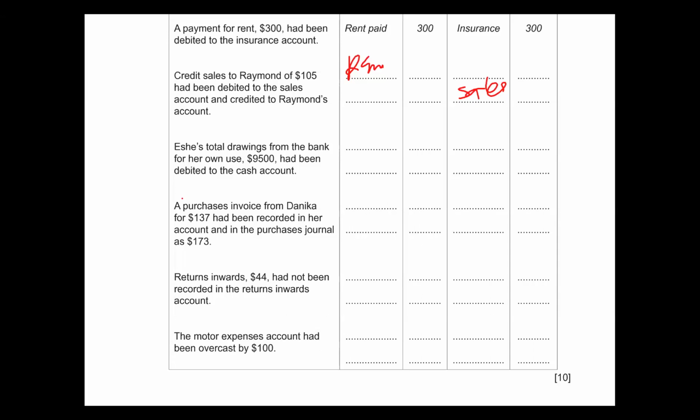The account that was supposed to be credited, you debit it, and the one that was supposed to be debited, you credit it. Like you do the opposite entries. So in other words, you were supposed to give money to Raymond, but you removed the money from Raymond. So what do we do to record the amount?